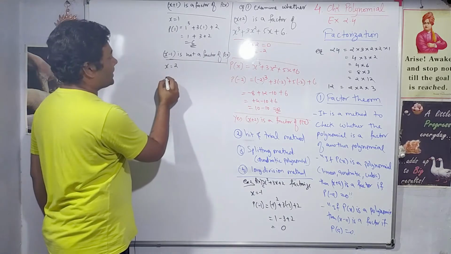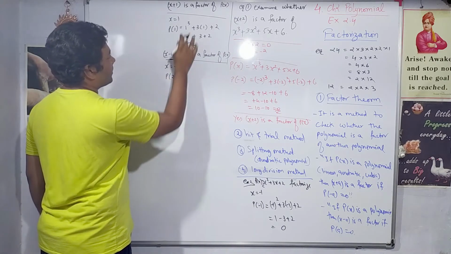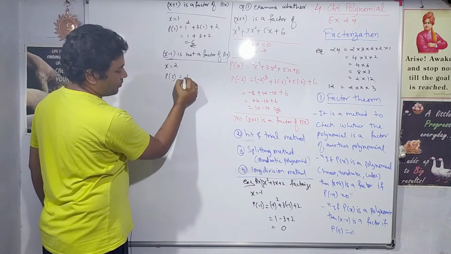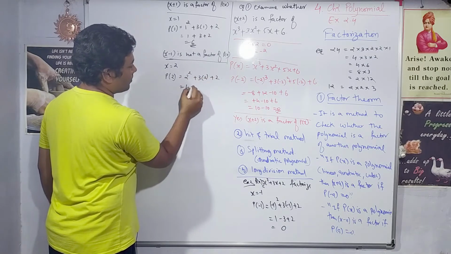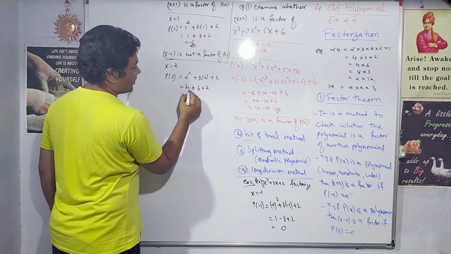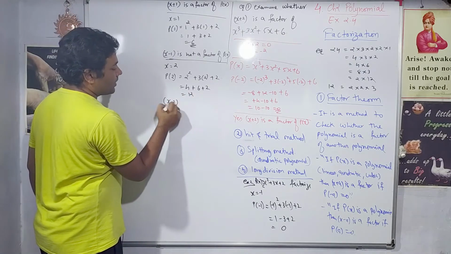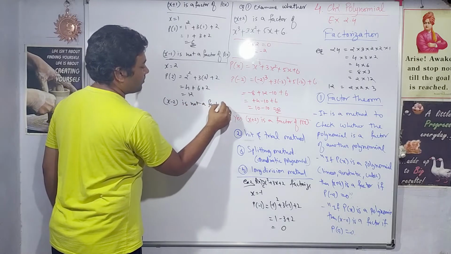Then if I take x equal to 2, p of 2 will be 2 square plus 3 into 2 plus 2, 4 plus 6 plus 2, that is 12. Oh, I did not get 0. So I write x minus 2 is not a factor of p of x.